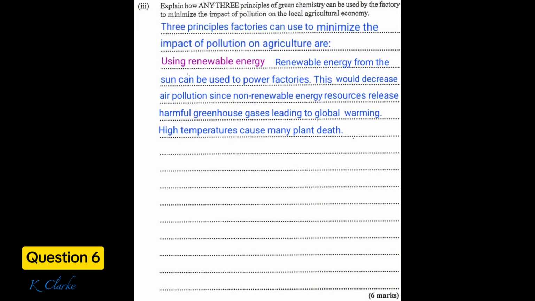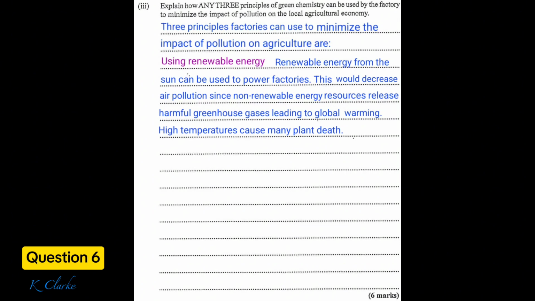Renewable energy from the sun can be used to power factories. This would decrease air pollution since non-renewable energy resources release harmful greenhouse gases, leading to global warming. Also, high temperatures cause many plant death.